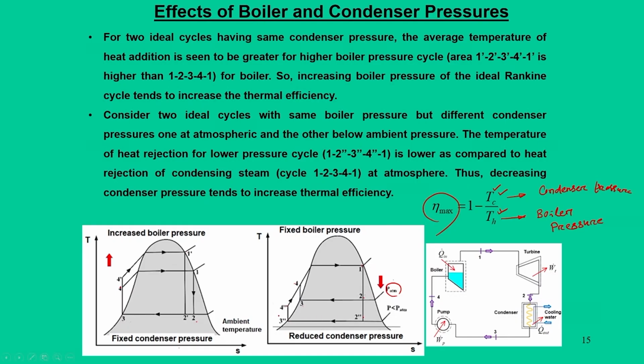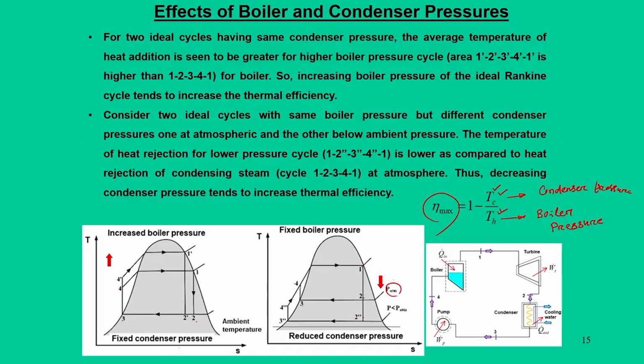So, when the condenser pressure reduces, it tends to increase the thermal efficiency. That is the reason all steam power plants operate at the lowest possible temperature, which is the condenser pressure, close to maybe 0.008 bar or 0.04 bar, something in that range, and this is generally done to improve the cycle efficiency.